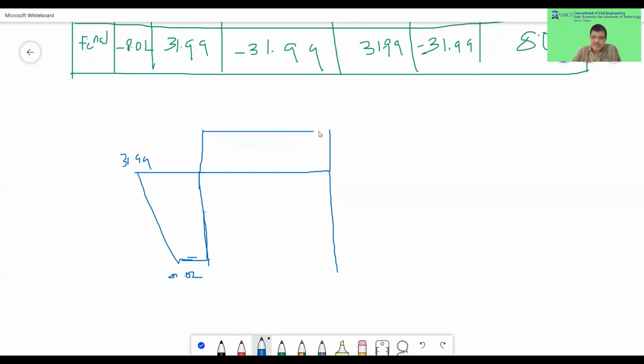Again this is 31.99, and here also you will get minus 31.99, negative, and positive 8.02. These are the end moments. So again 31.99 and 8.02 here.